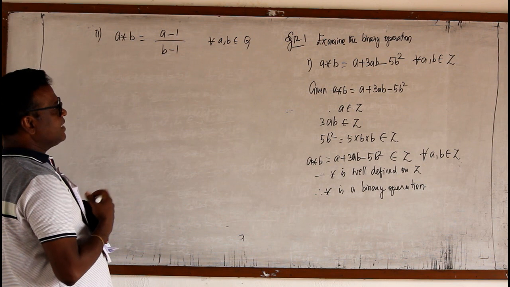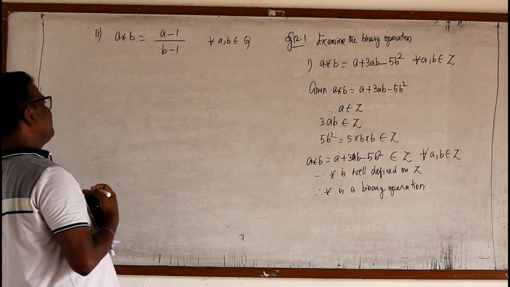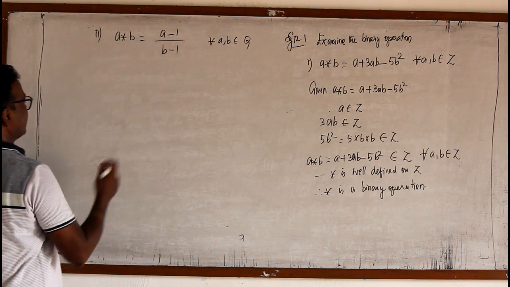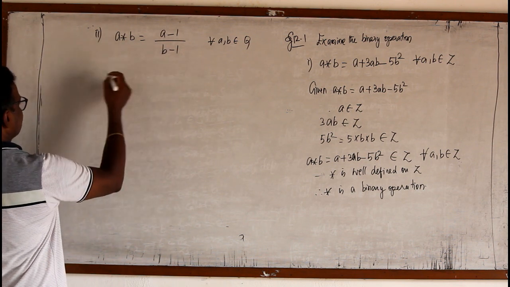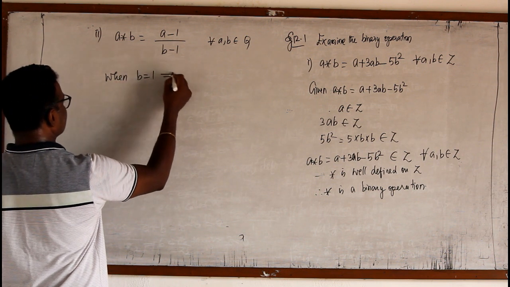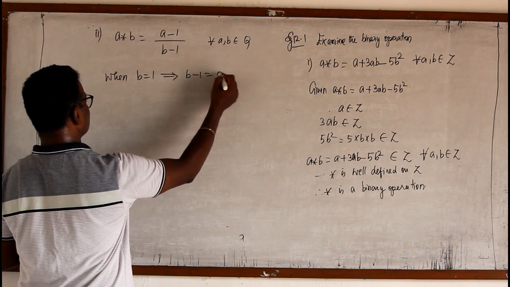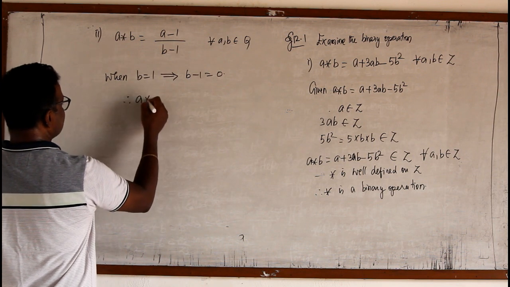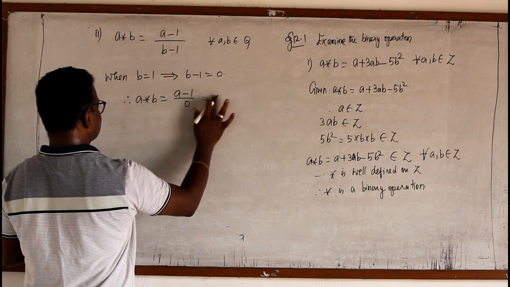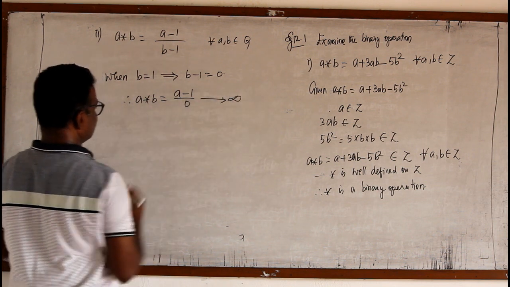When I divide, definitely this will be a number or a fraction type. But what happens when B equal to 1? Here everything is existing. Only thing is when B equal to 1, then B minus 1 equal to 0. Therefore A star B becomes A minus 1 by 0, which tends to infinity.